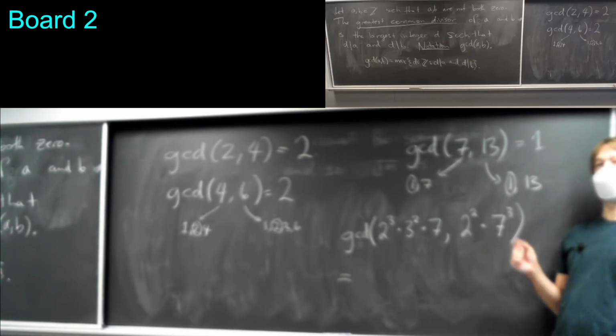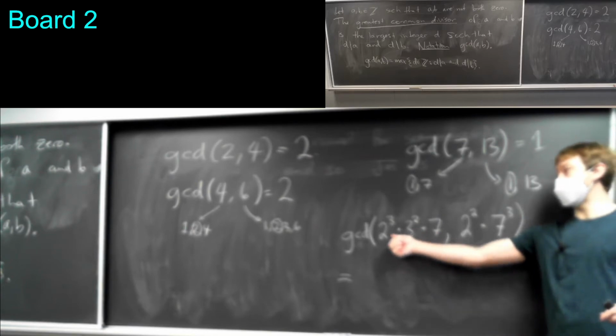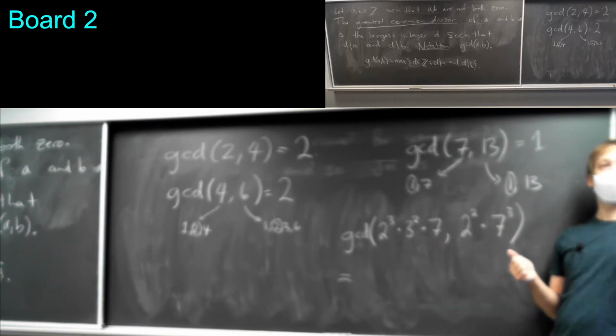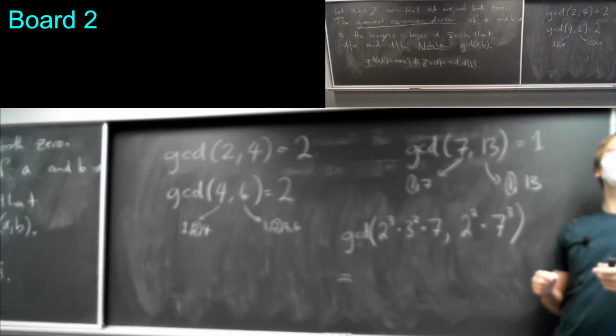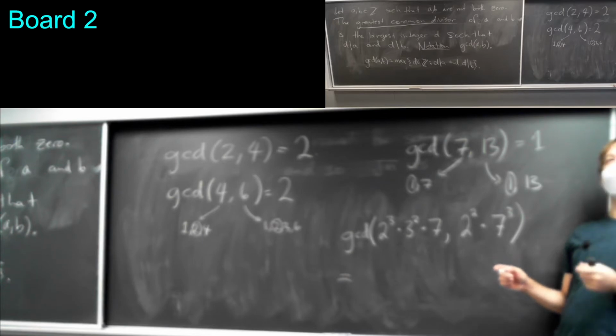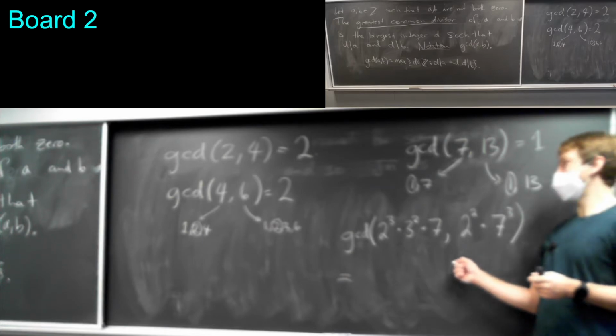But you can actually do better. 2 definitely goes into both of these, and both are good answers because they both divide it. Is that what your answer was as well? 2 squared times 7?